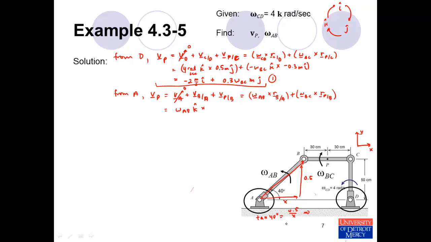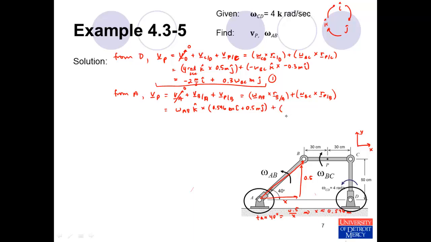We multiply the x, divide through by the tangent, and we get that x is approximately 0.596 meters. And so this position vector, we've got a component 0.596 meters in the positive i, plus a component 0.5 in the positive j.